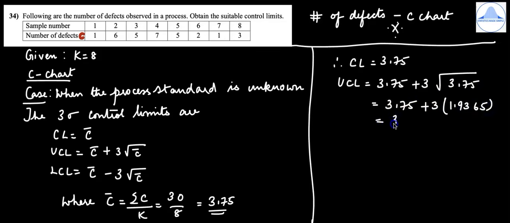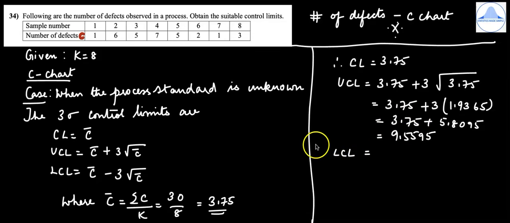So this is equal to 3.75 plus 5.8095, or we get UCL is equal to 9.5595.